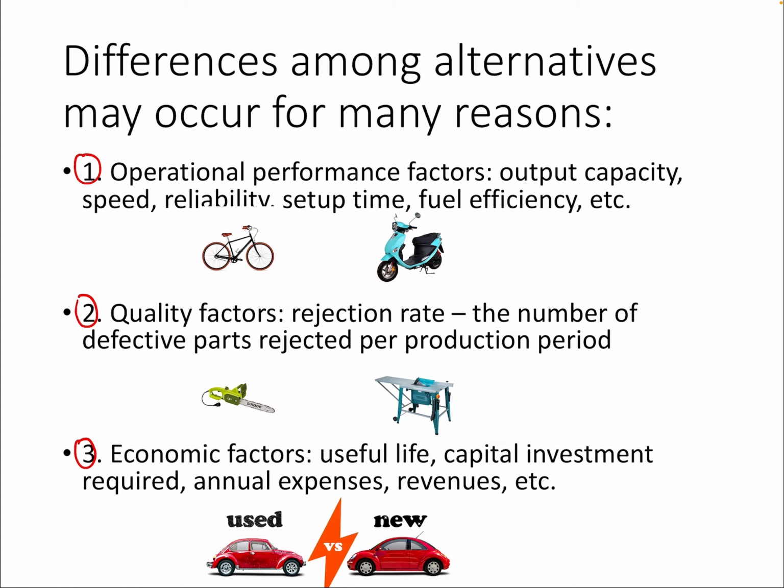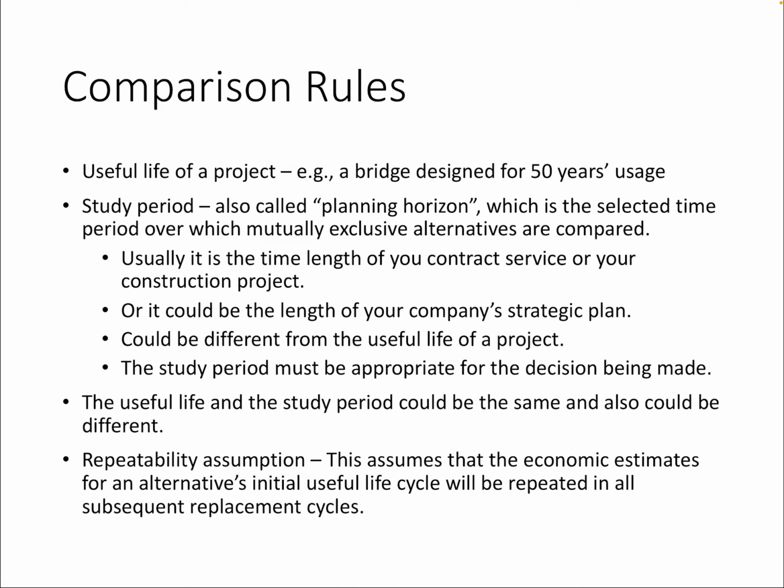So that is an example of how they give you the revenues. So these are the factors you need to consider when you compare different alternatives. And one comparison rule that is very important is the useful life and the study time of the project.